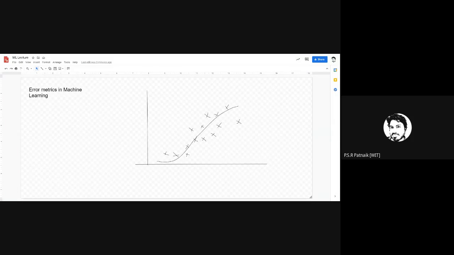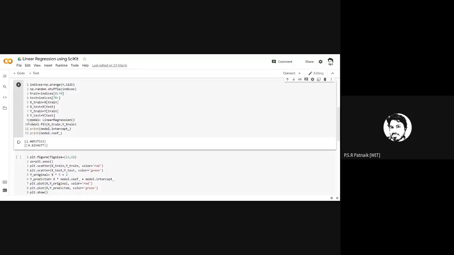We have used model.fit, and what I told you is that model.fit trains on that data set. Now, a very important question arises: when will that training stop? What you are providing here is your data set, X train and Y train. It is training to fit a linear regression curve, a linear regression line.